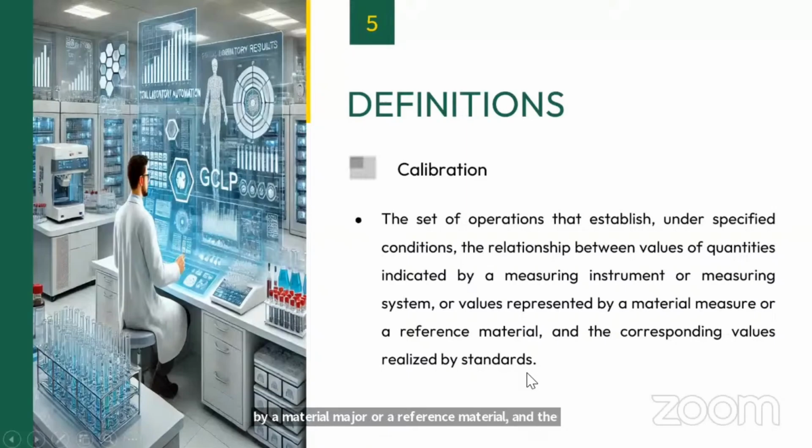So calibration is nothing but the standardization of your examination method with respect to a reference material. There should be an appropriate reference material. Whenever you are standardizing any examination method, you have to standardize it with respect to a reference material. So that is called calibration.